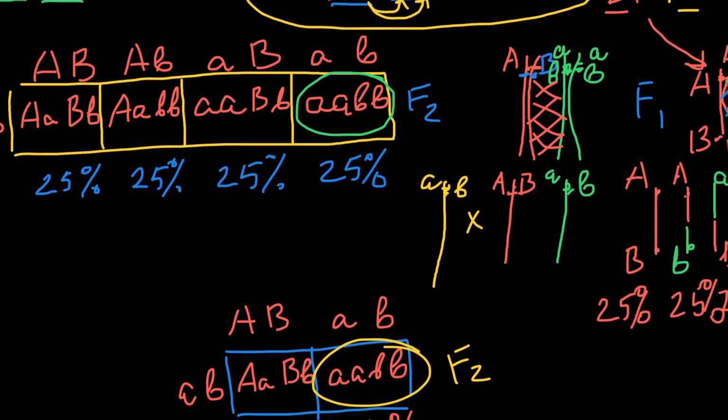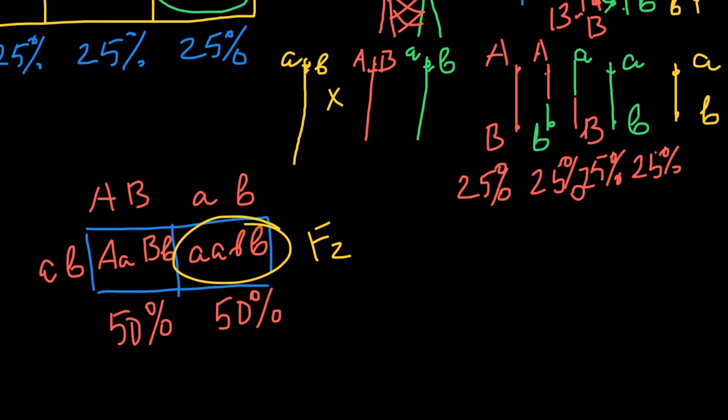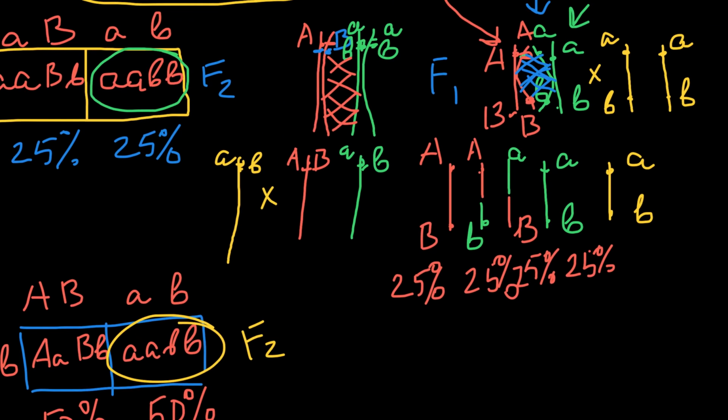So let me return to these chromosomes and take a look at this model where we have 4 types of gametes that this genotype produces.